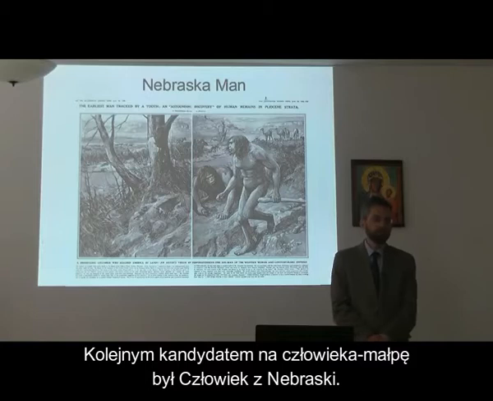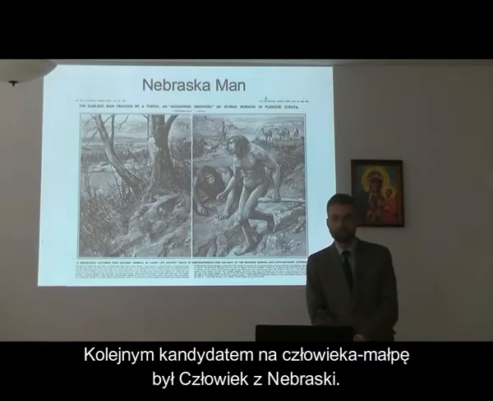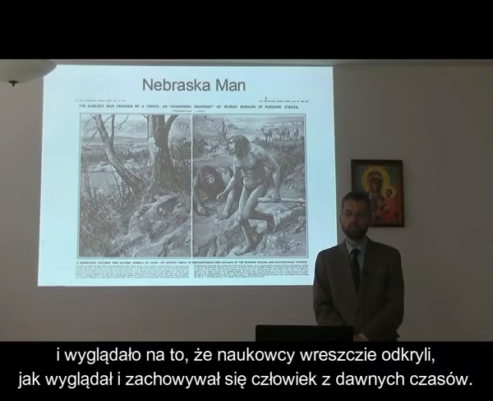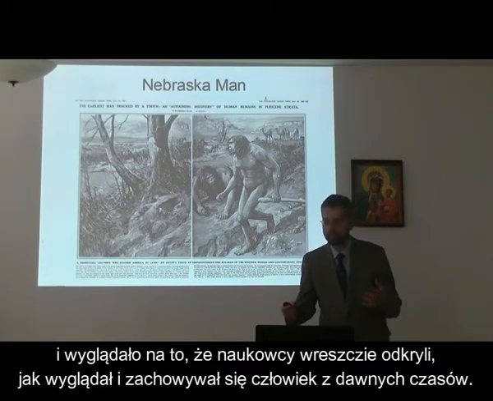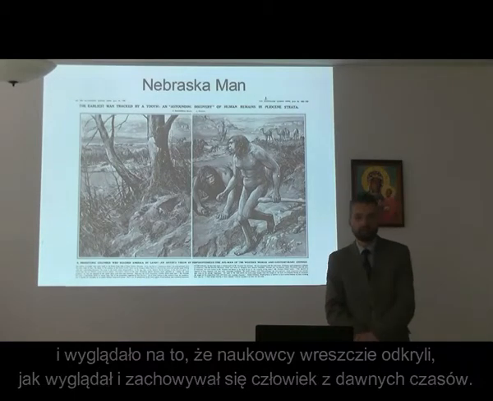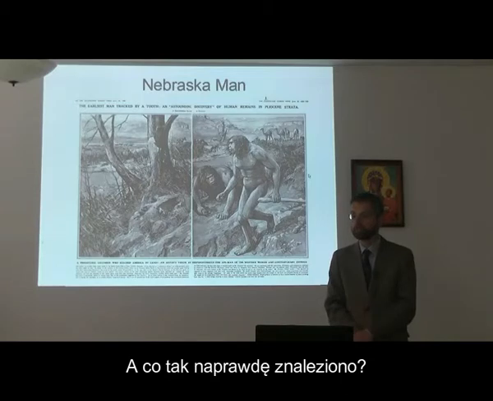Another famous ape-man candidate was Nebraska man. This is an article in the London Illustrated News in 1920. And it seems that scientists had now found how man behaved, how he looked in our long history. But what had they actually found?